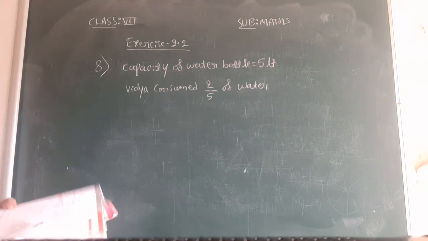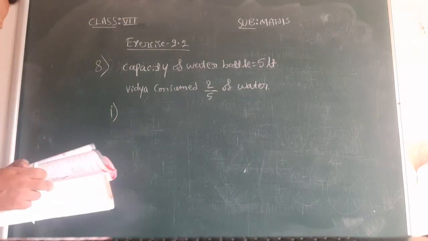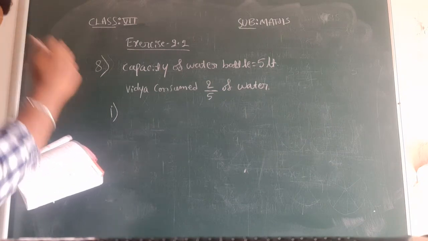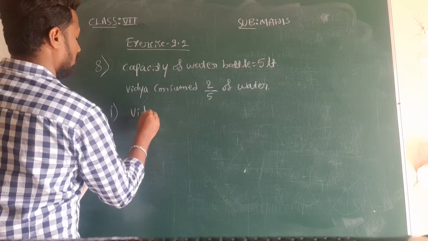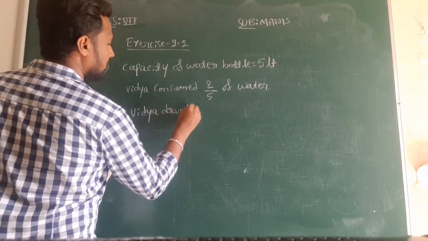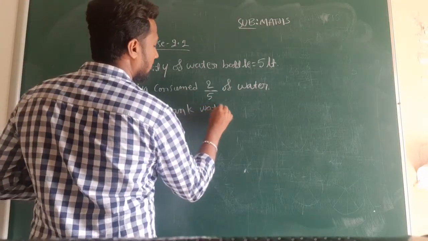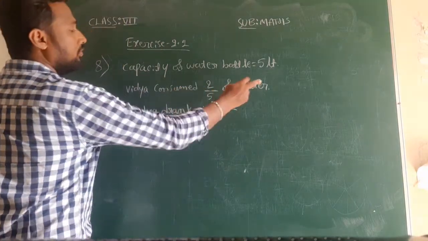So now first we will find out how much water Vidya drank. Vidya drank water equals how much? 2 by 5 of the water.